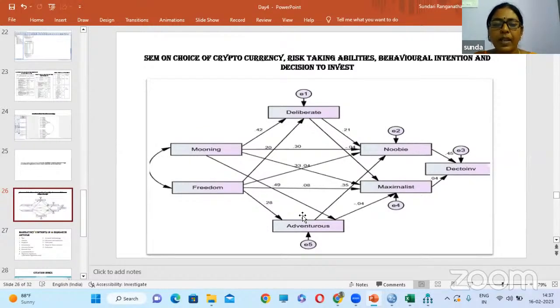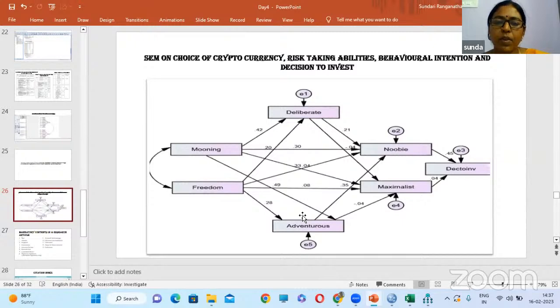People who are expecting mooning, going to the moon, as their reason for purchasing, will take 42% deliberate risk. And when it comes to adventurous risk, they are taking 49% adventurous risk. And when it comes to freedom from control, they take 20% deliberate risk and 26% adventurous risk.